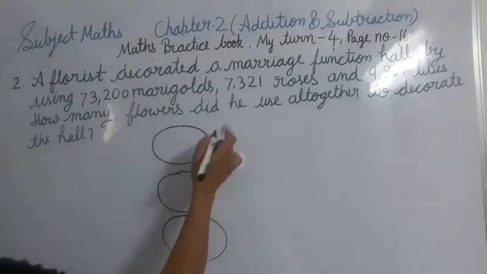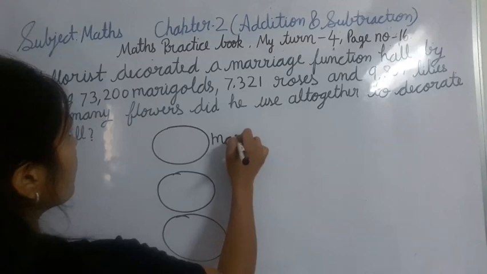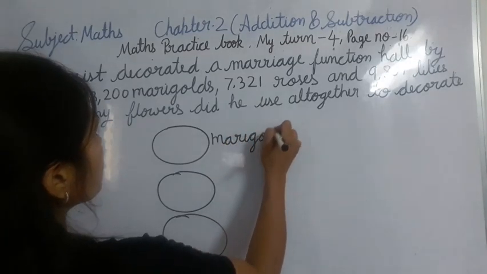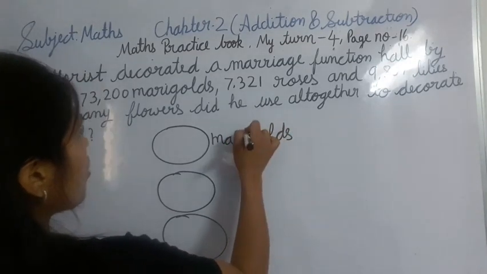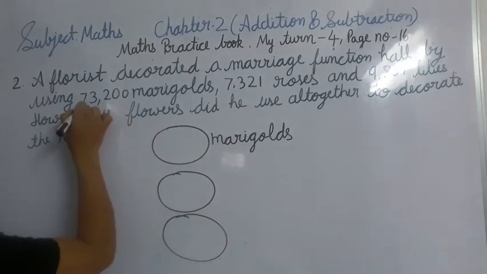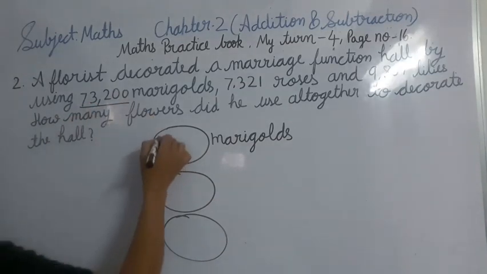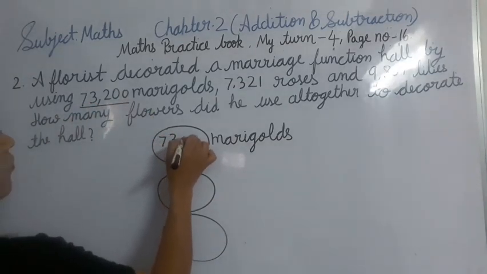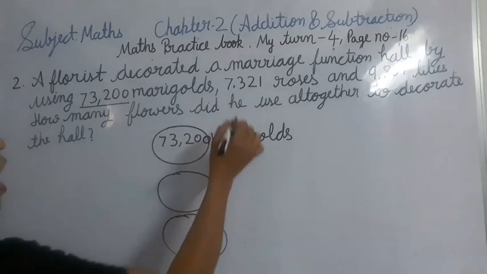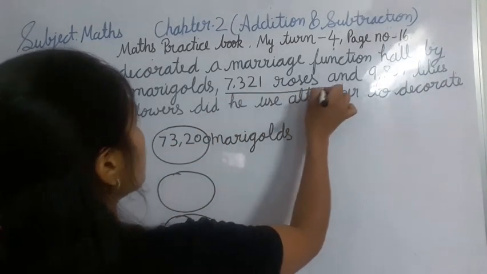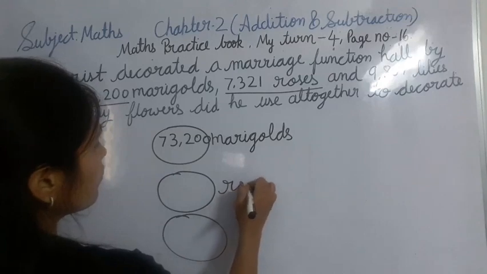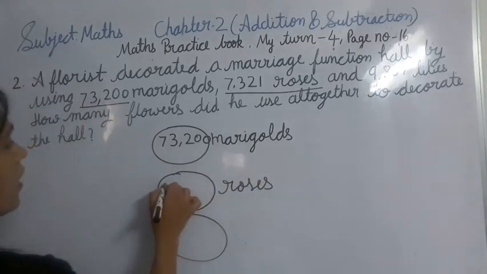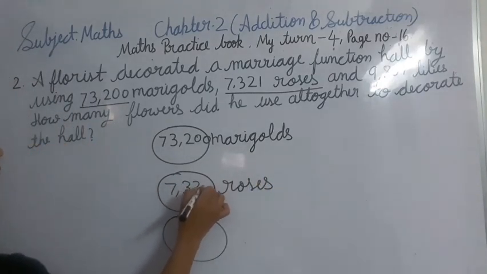First he used marigolds. So how many marigolds did he use? 73,200. How many roses did he use? 7,321.